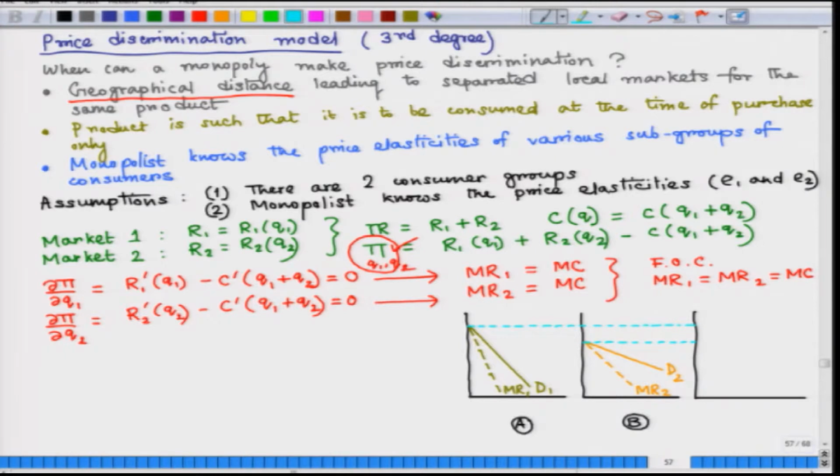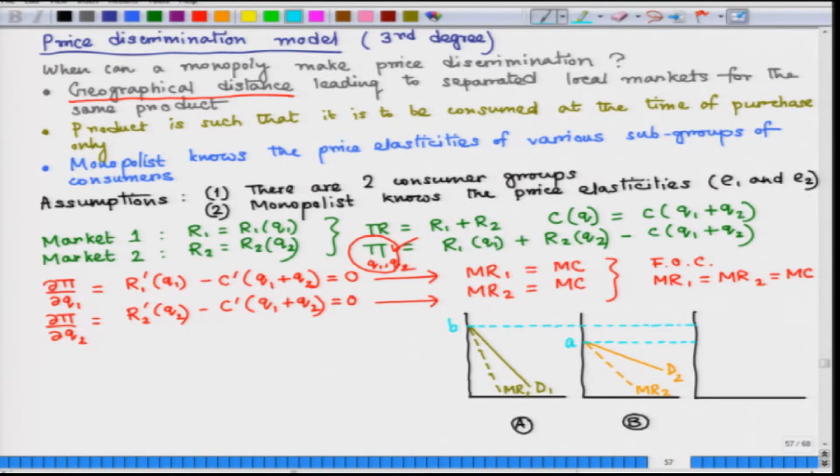Then basically I say that if my price is higher than this intercept along the price axis in market 2, say given by point A, then basically I know that only consumers from market 1 will be able to purchase the commodity, because there will be 0 demand in market 2.